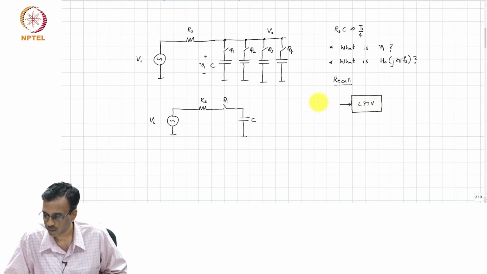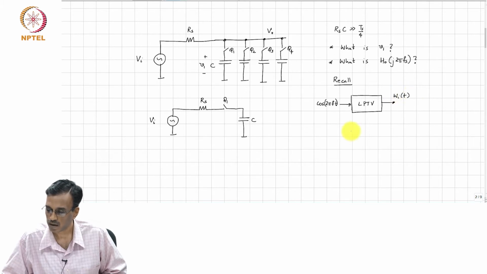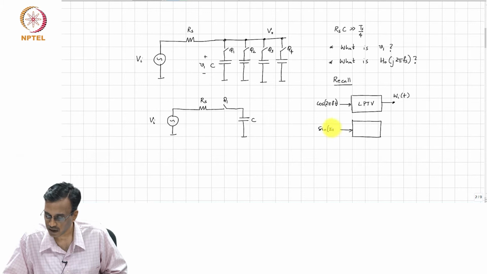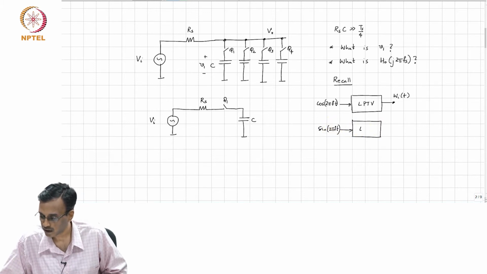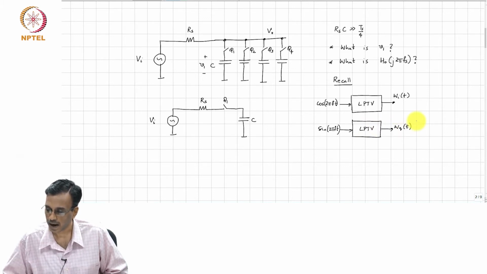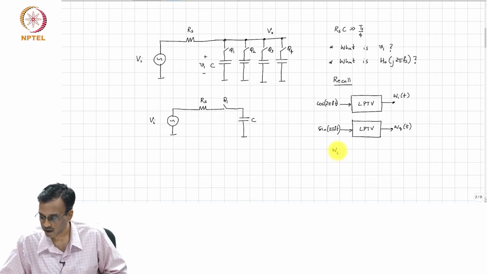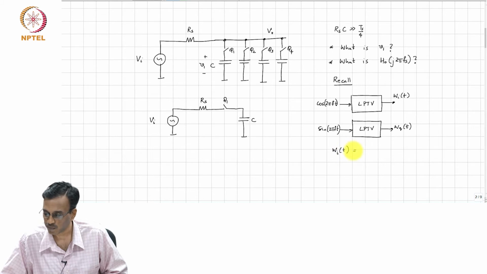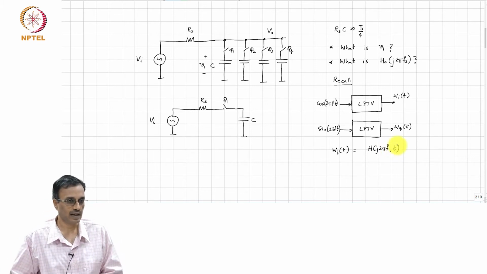and you excite it by cos 2 pi f t, let us say you get Wi of t. The same system, if you excite it with sin 2 pi f t, you get Wq of t, and Wi of t is nothing but h of j 2 pi f comma t, which is the time varying gain of the LTV system.